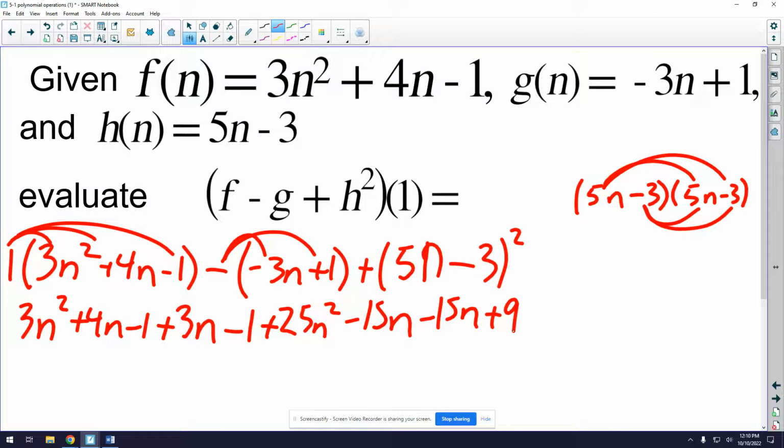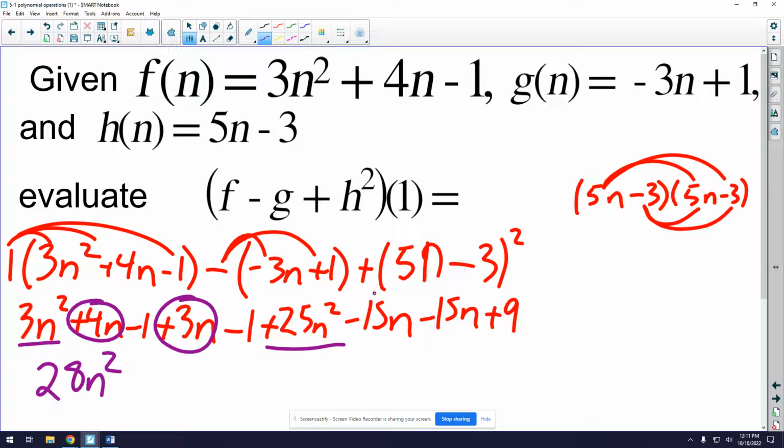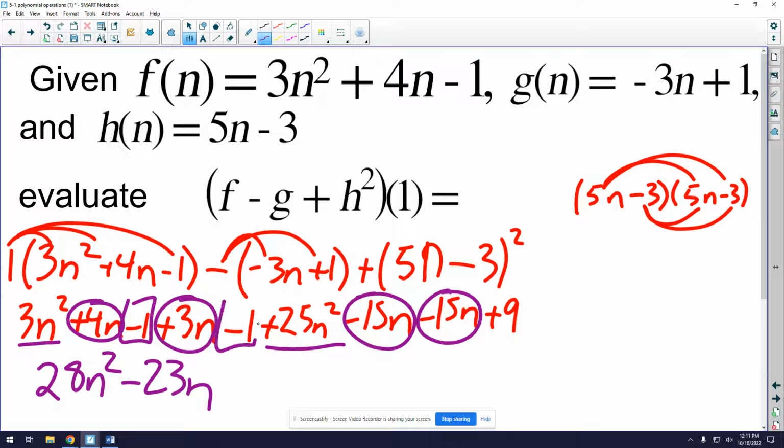Combining your like terms, we have 3n squared plus 25n squared is 28n squared. 4 plus 3 minus 15 minus 15 is negative 23n, and then negative 1 minus 1 plus 9 is plus 7.